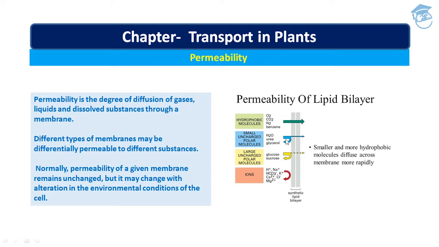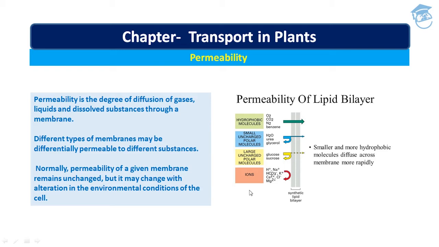Large uncharged polar molecules such as glucose and sucrose cannot diffuse across the membrane. And ions such as H+, Na+, HCO3-, K+, Ca2+, Cl- and Mg2+ cannot move inside the plasma membrane, and thus bounce back from it.